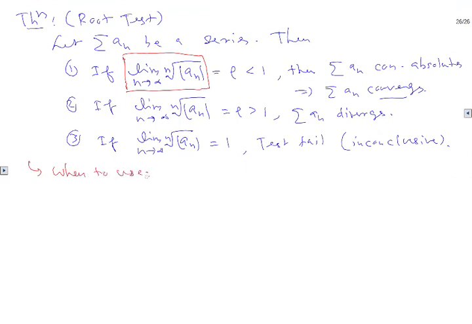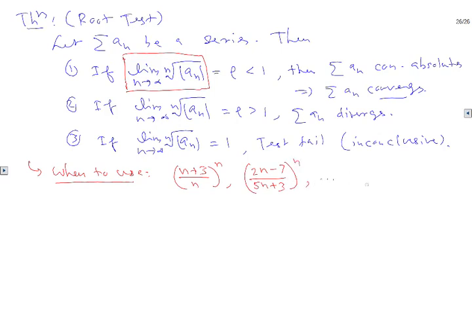When you see powers like, for example, n plus 3 over n to the nth power, you're going to see an algebraic expression and then an nth power. Or terms like, let's say, 2n minus 7 over 5n plus 3 to the nth power.